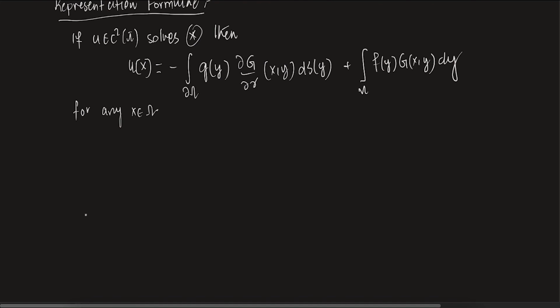Okay, one small remark, and I want you to do this yourself. It's just some calculation, but I hope you can do this. This is called the symmetry of Green's function. What does it say?